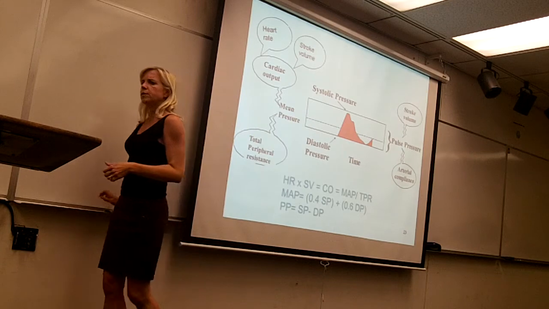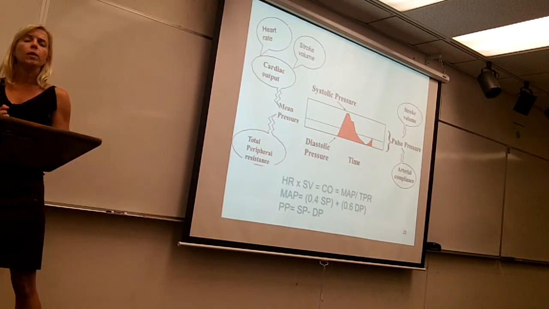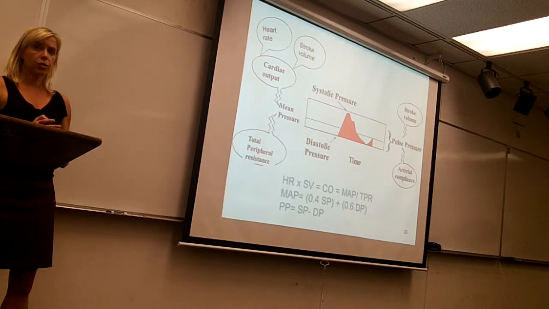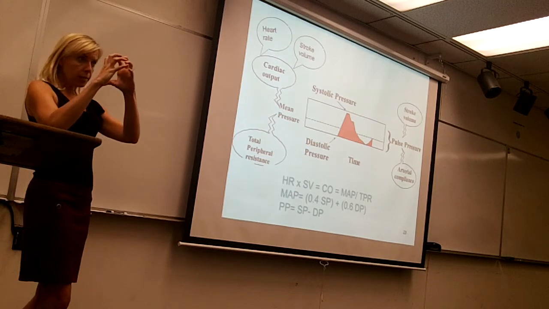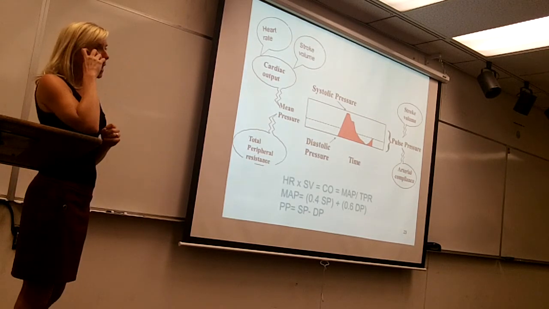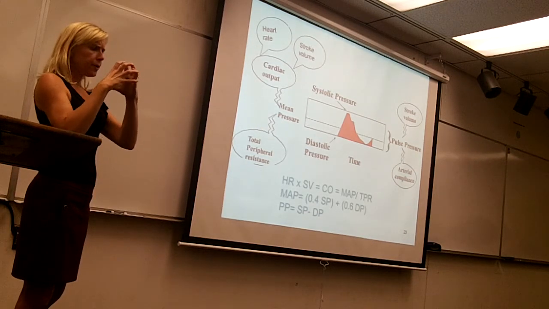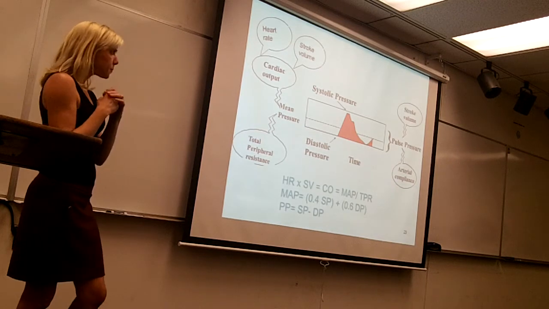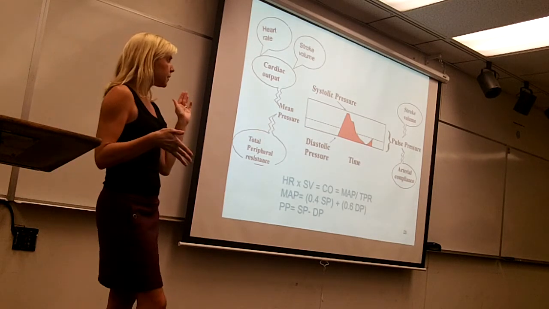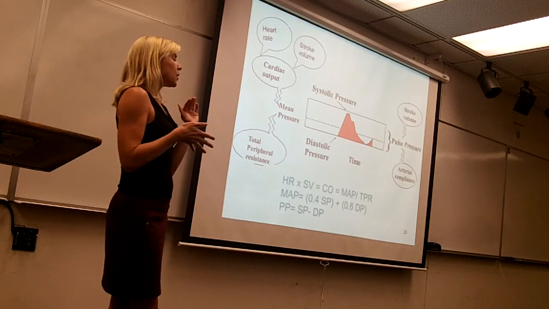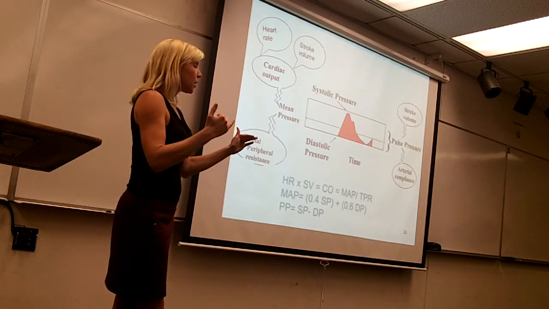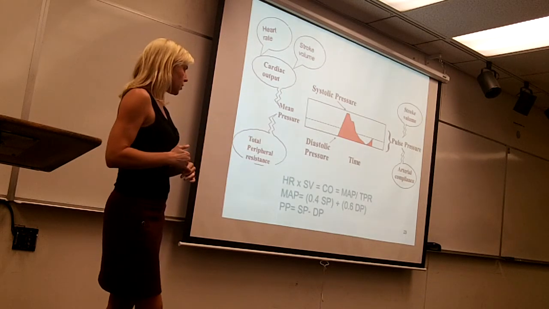If there's decreased arterial compliance, we'll get an increase in pulse pressure. More systolic pressure pushing on the blood inside less compliant arteries, and that means a greater difference in systolic pressure and diastolic pressure.